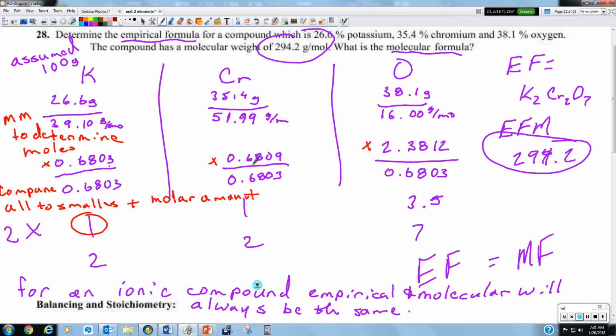Chromium, the numbers were almost identical, so I put it as a whole number of 1. And when I divide oxygen's moles by 0.6803, we get 3.5.